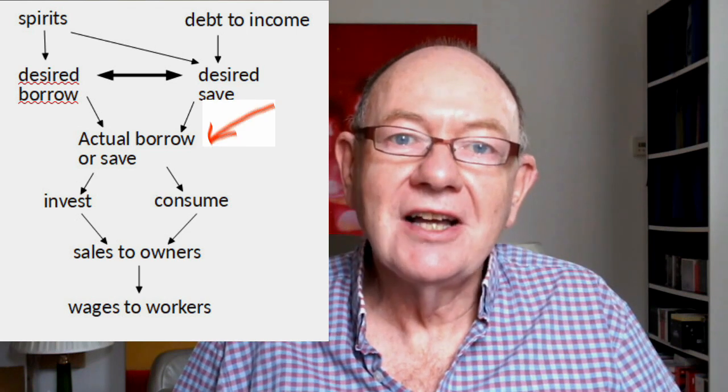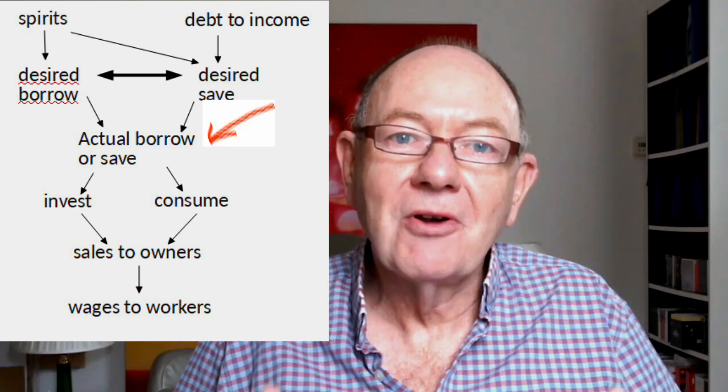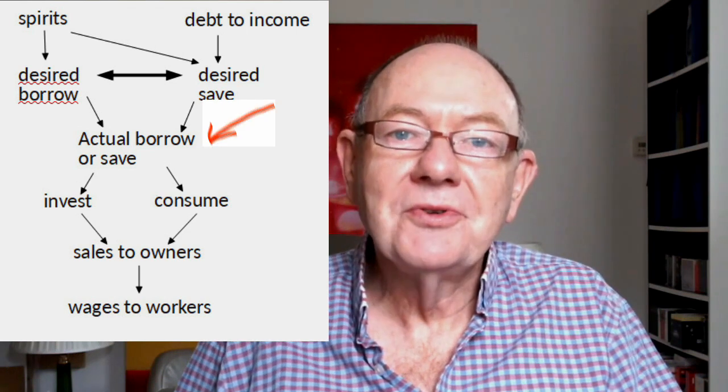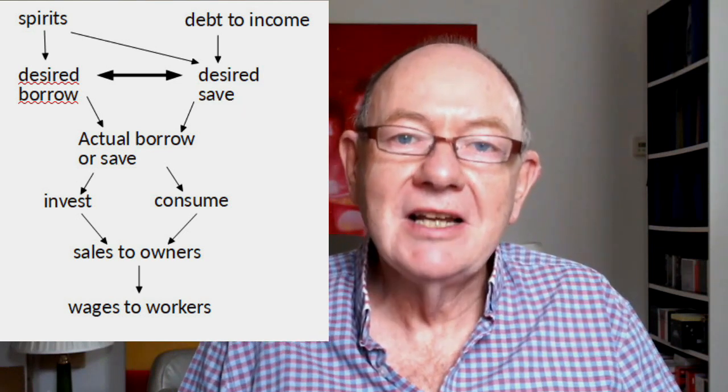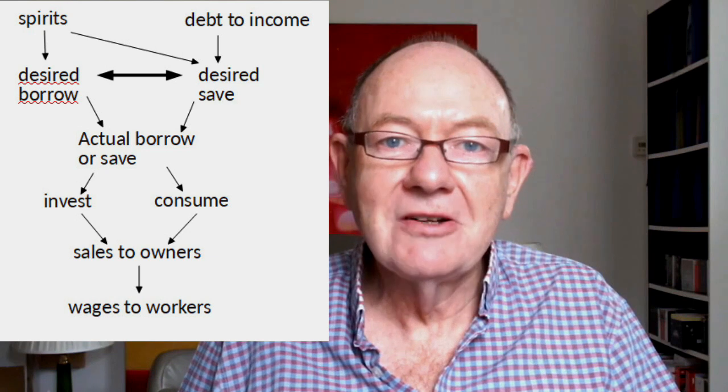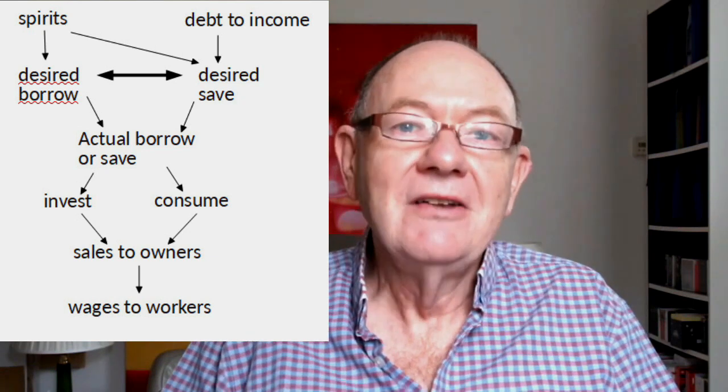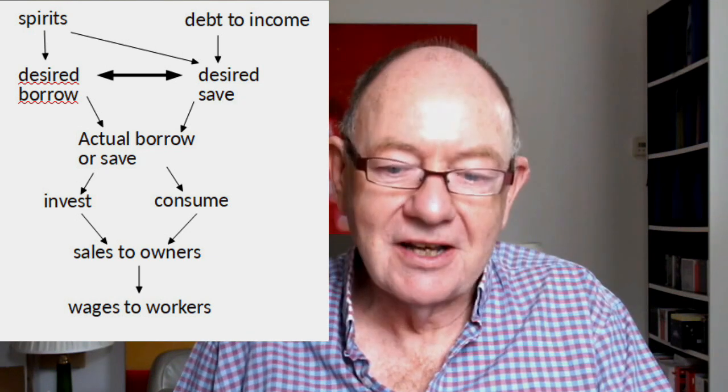If the intention, the ideal liking is to borrow a big amount, but we only want to repay a small amount, then we borrow. If on the other hand, we would really like to repay a large amount, but we only want to borrow a small amount, then we'll go with the repay side.